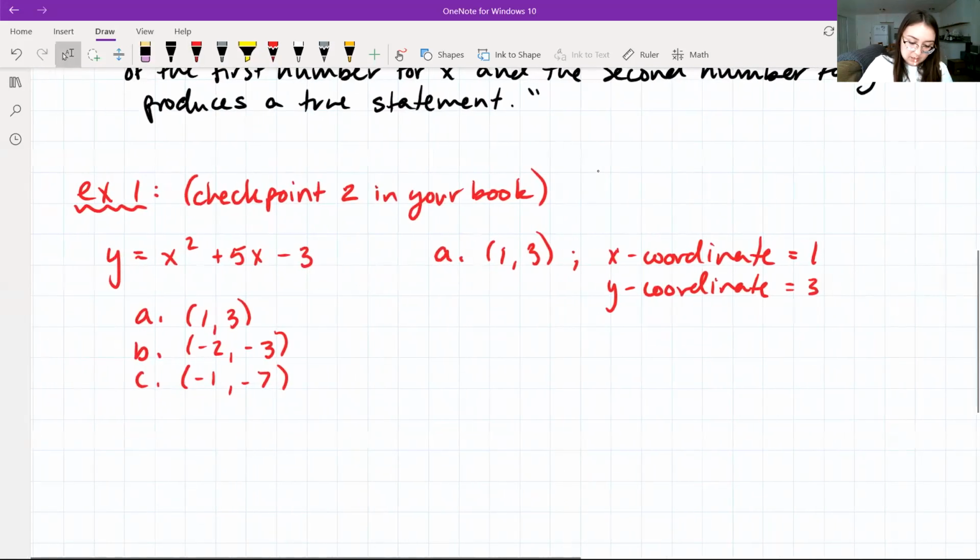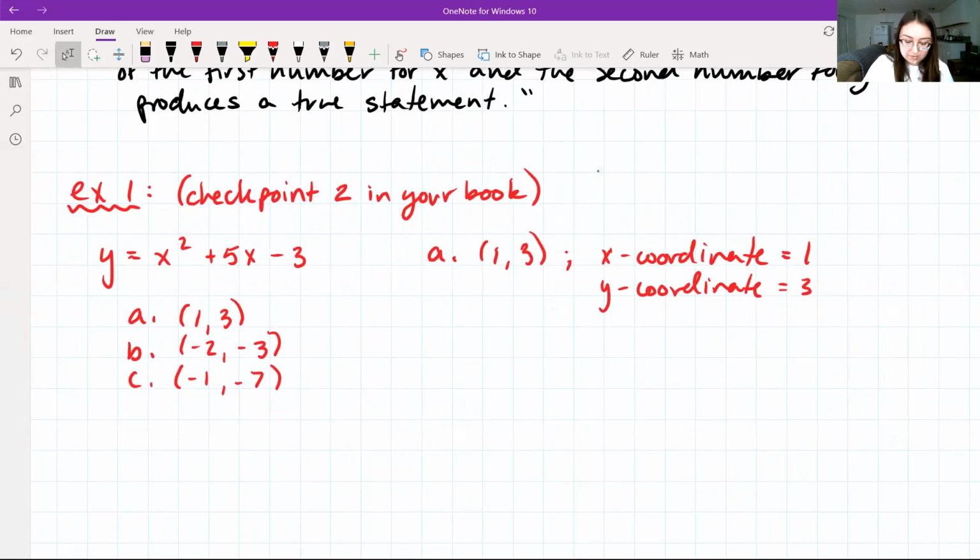So when we plug this in to see if it's a true statement, we're going to plug in 3 for y and 1 for x. So if we do that, we're going to have 3 is equal to 1 squared plus 5 times 1 minus 3.